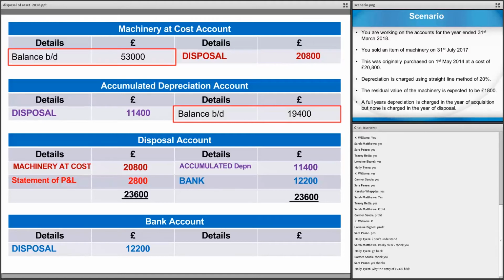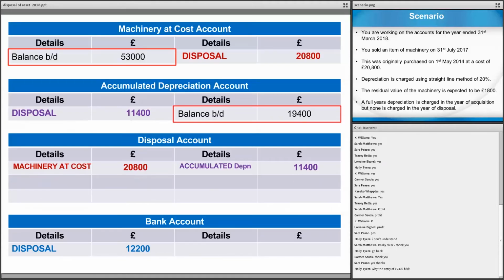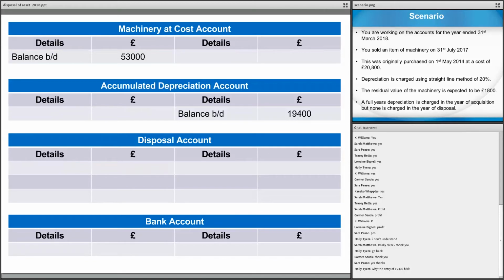Why the entry? Right, okay. So like I said from the start, Ollie, if you look at my machinery, sorry, I'm just going to go back and take all the other figures out. So what I started with, if we go back to the beginning, I said that we'd got a total of £53,000 machinery, and I've got a total of 19,400 accumulated depreciation.